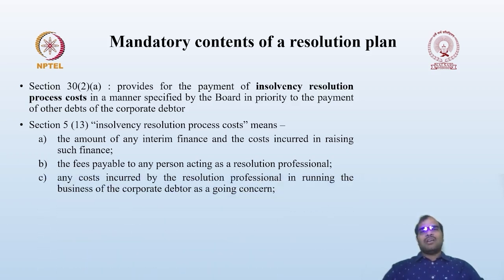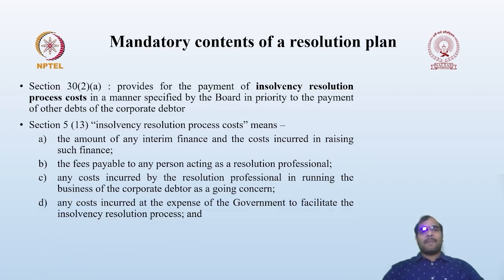Then any cost incurred by the resolution professional in running the business of the corporate debtor as a going concern. One of the obligations of the resolution professional is that he is expected to run the business as a going concern when he is taking over the management of the company. Going concern of the business is one of the essential characteristics of the IBC. So if any cost is incurred by the resolution professional in running the business as a going concern, such expenses will form part of the insolvency resolution process cost.